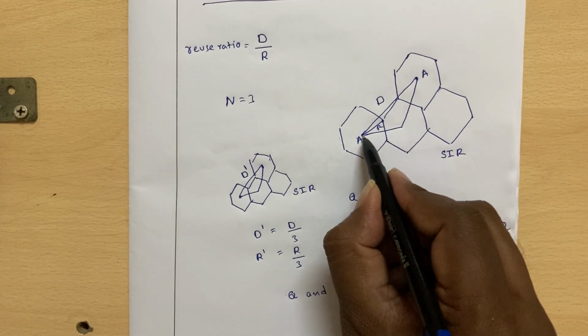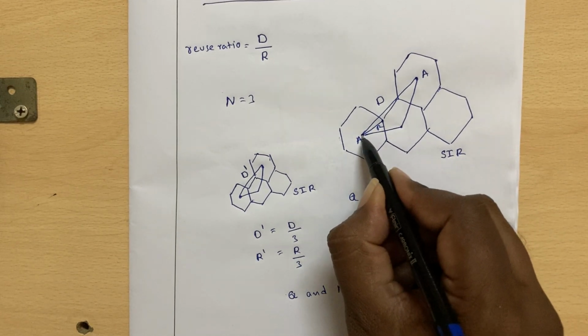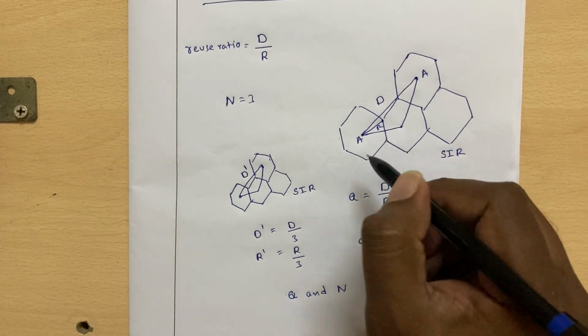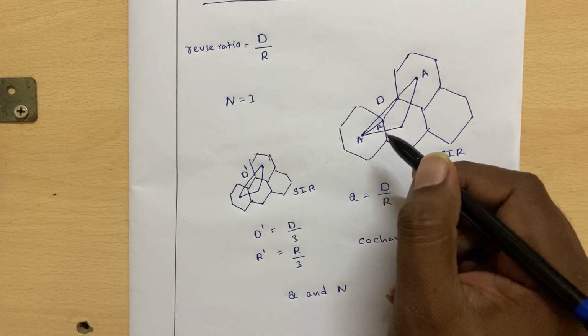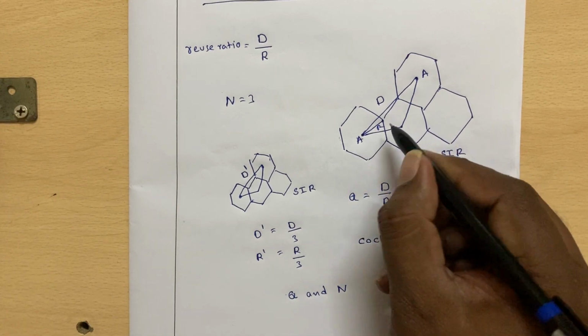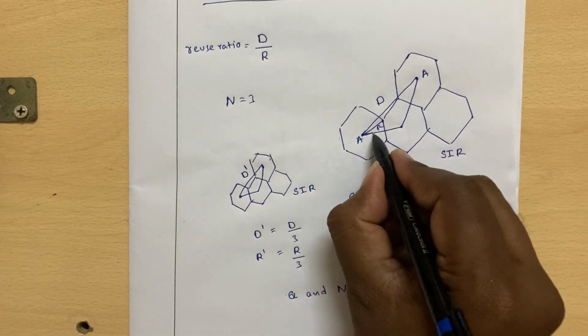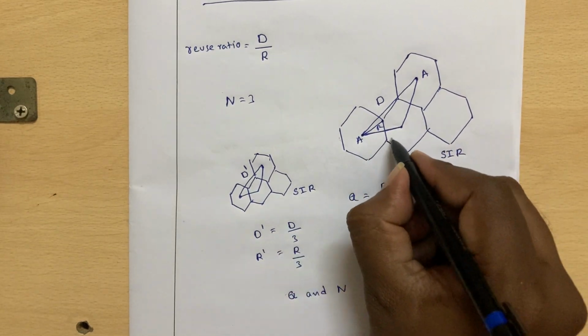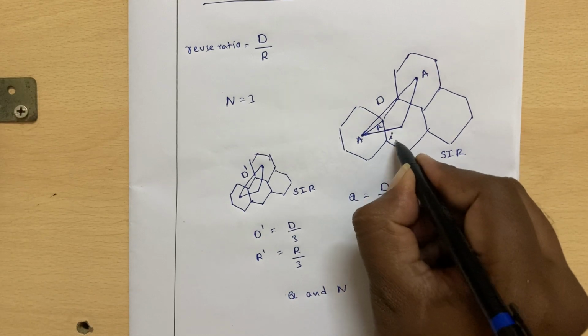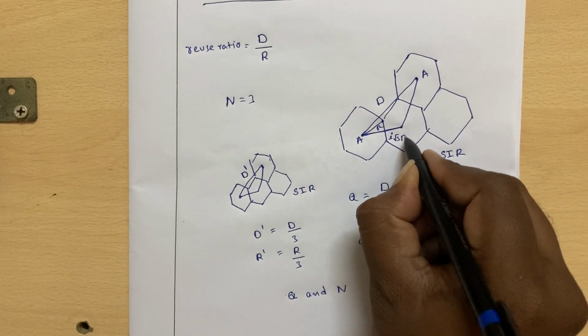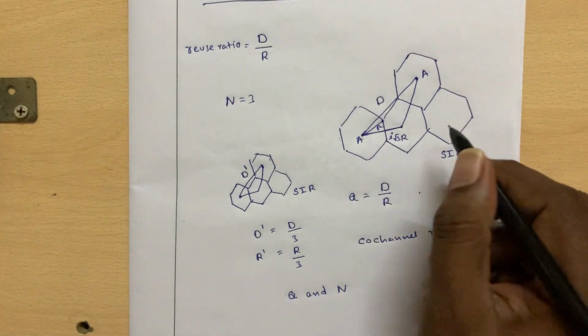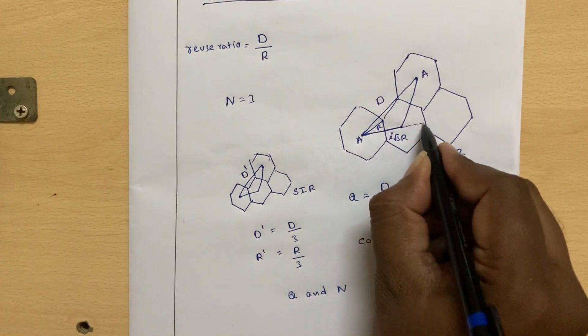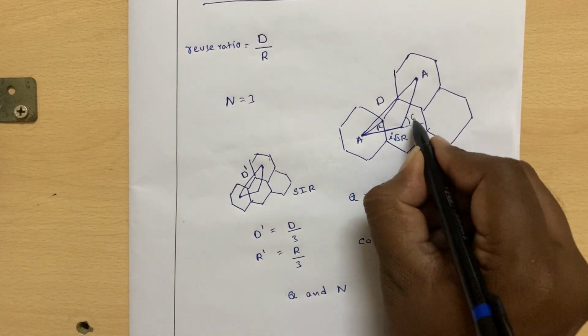See, the distance between this point and this point is how many steps we move, i number of steps, and we know the inter-site distance is root 3 r. Then horizontally the distance moved is i into root 3 into r, and the angular rotation we have taken is 60 degrees.